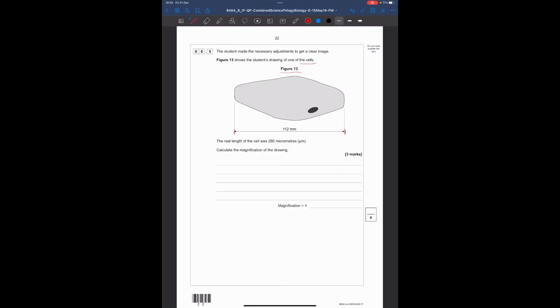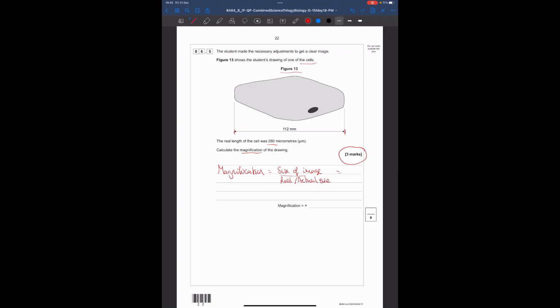The real length of the cell was 280 micrometers. Calculate the magnification of the drawing, and it's 3 marks. Now you should know the equation. Magnification is equal to the size of the image divided by the real or actual size.